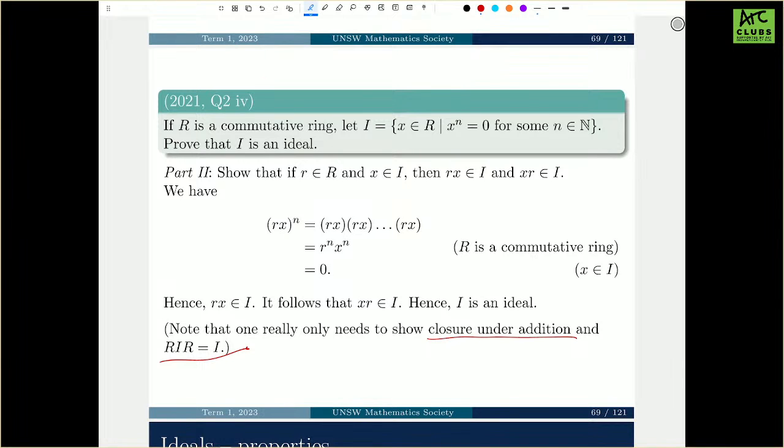I'll show you why. If you have this multiplicative property, well, then you can just say -1 I is a subset of I. But that means all the inverses, you know that -1 times A equals -A for any A in a ring. So this is how we get inverses.